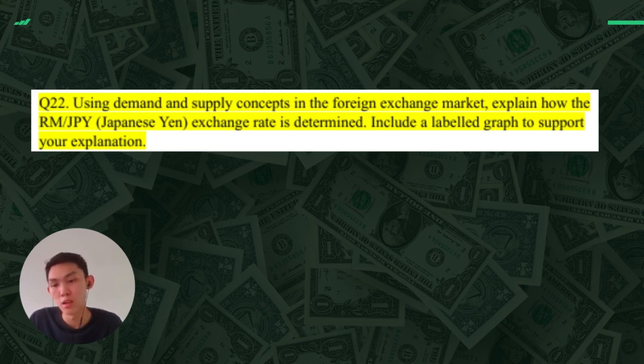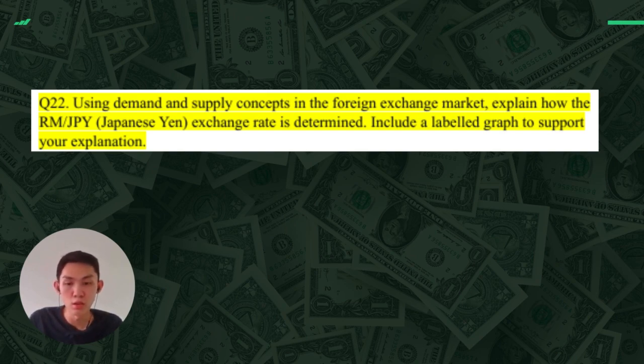If more Malaysians import goods from Japan, the demand for the Japanese yen will increase because they need more Japanese yen to pay the cost. So the demand curve shifts to the right. When the demand curve shifts to the right, the exchange rate goes up, which means the Japanese yen will appreciate, but the ringgit Malaysia will depreciate.